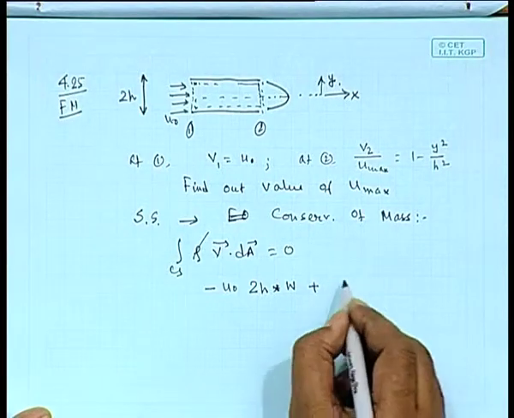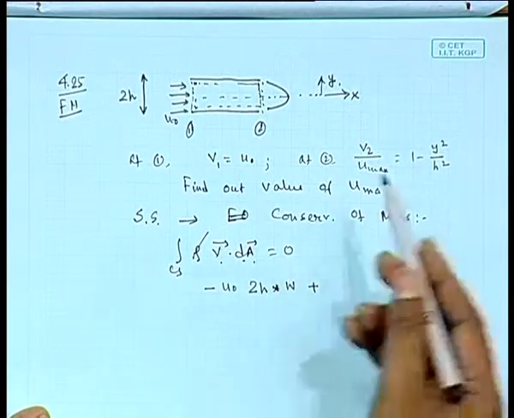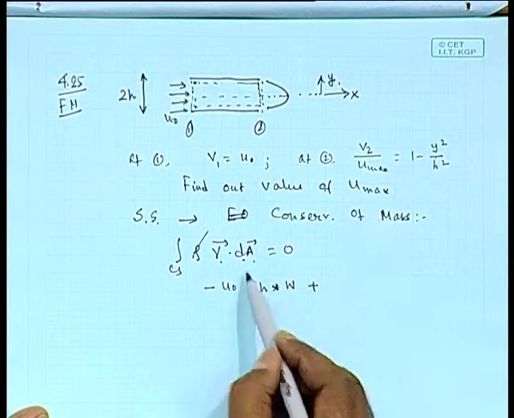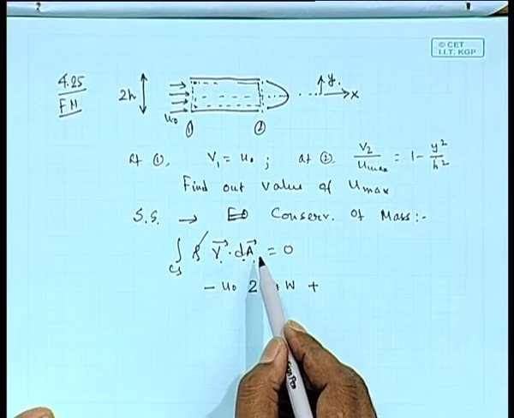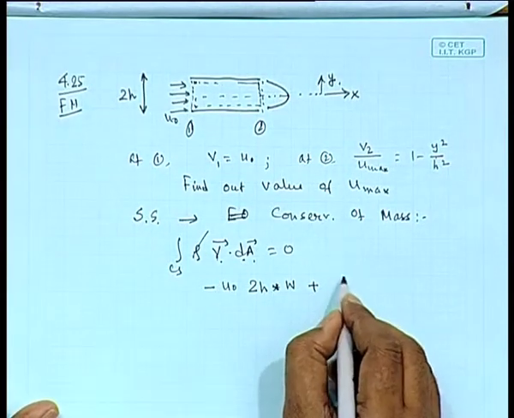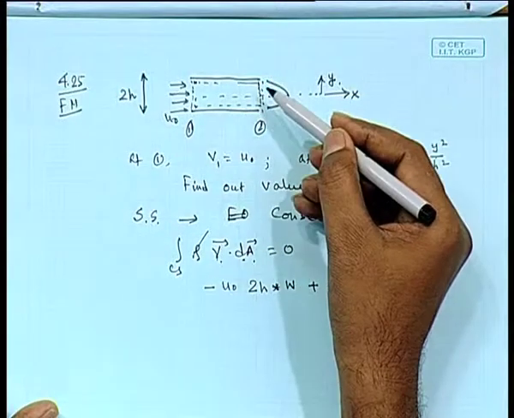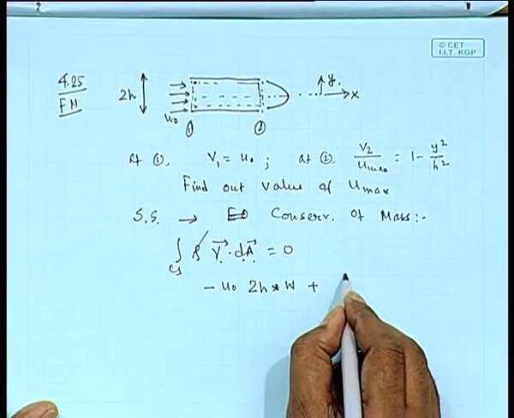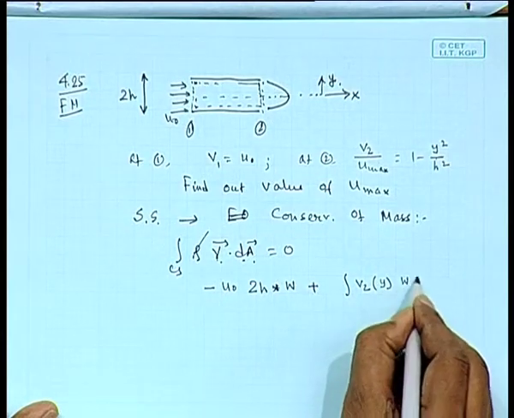Plus, now v dot dA. At the exit point this velocity will be varying with respect to y, and dA will be nothing but w times dy, right. So, you have to really carry out an integration here. Since y is measured from the central line, it will be twice the integral of v2, which will be a function of y, times w dy.